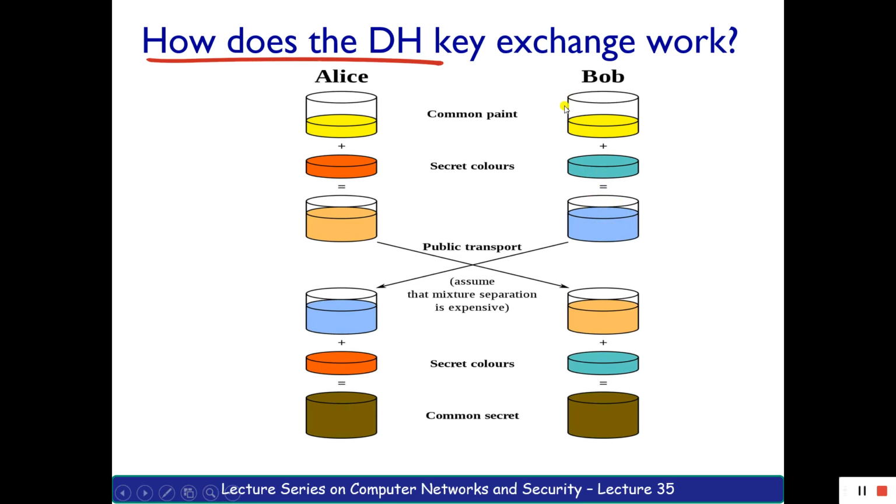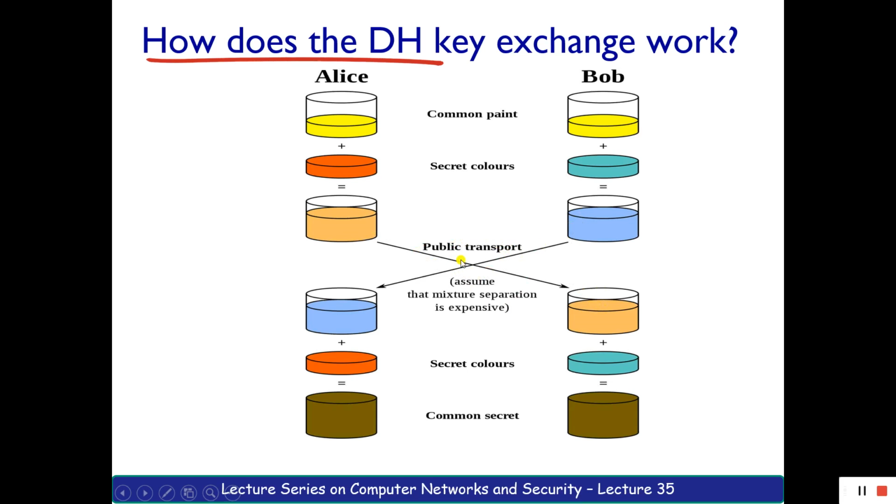This is the genuine thing that happens with colors also. Now what will Bob do? Bob will send this glass of water of blue color to Alice, and Alice will send this light brown color of water to Bob, right?